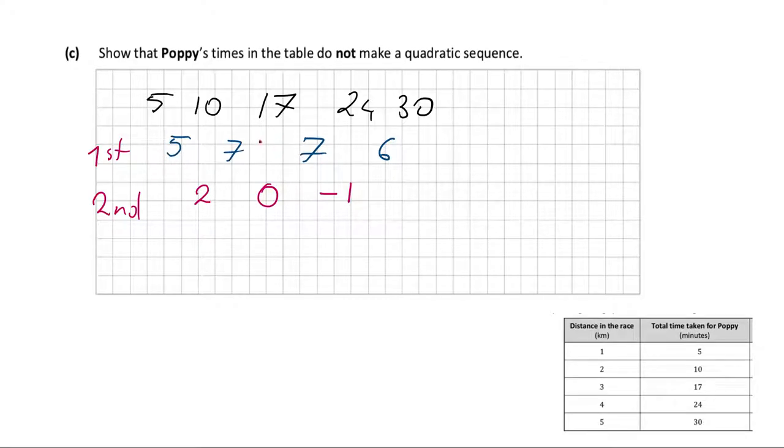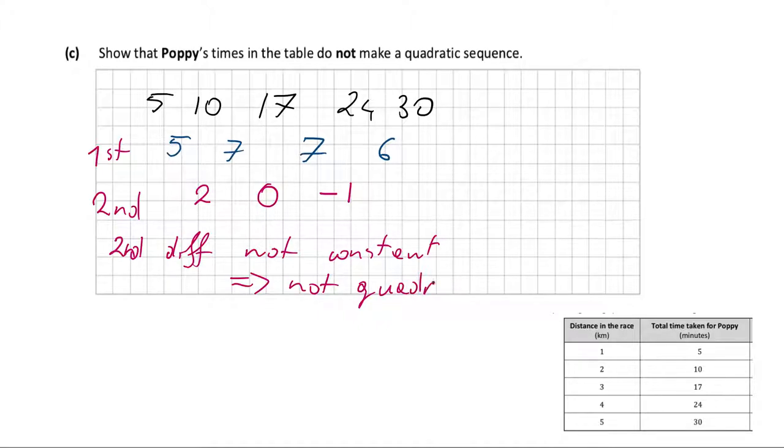Now, it wasn't enough to calculate the second difference for this sequence. We had to make a statement that second difference is not constant, therefore not quadratic. So this is an answer for full marks.